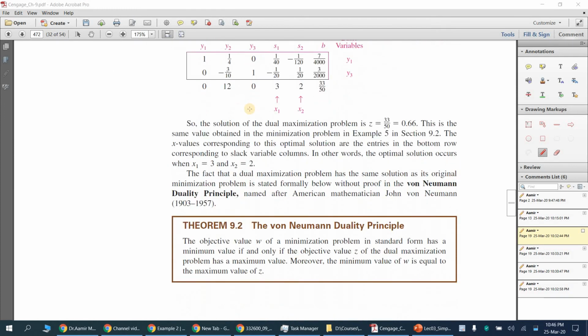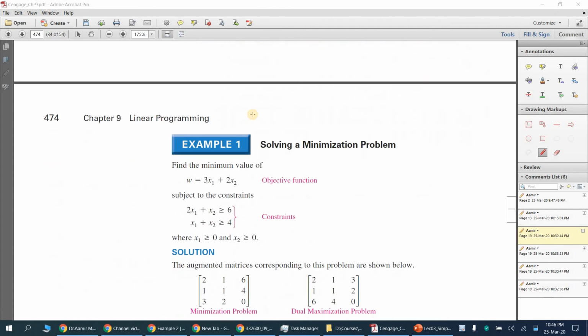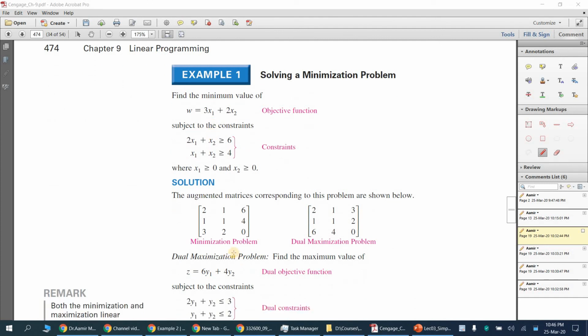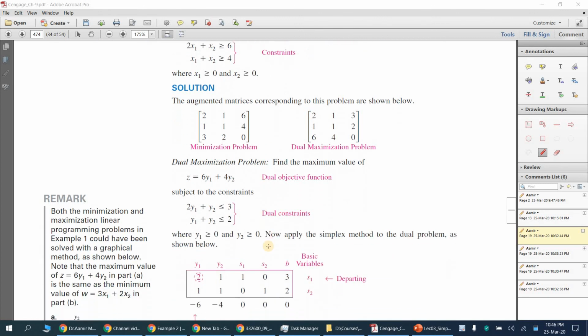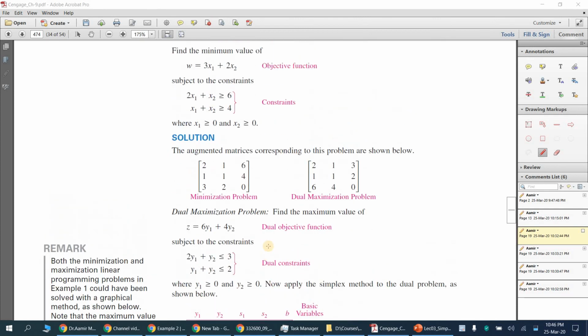So leave the dual. You didn't study the dual. Duality principle we are not going to work for now. So example 1, objective function, minimization problem, dual problem, leave it. If they are doing it by dual, you select some other problem.